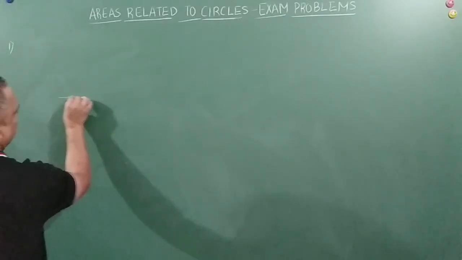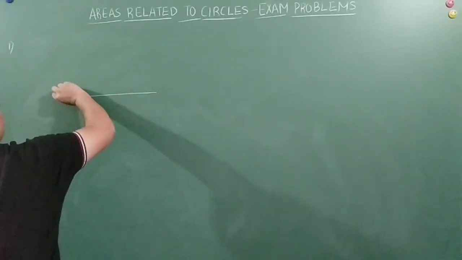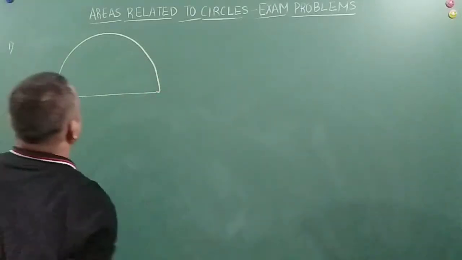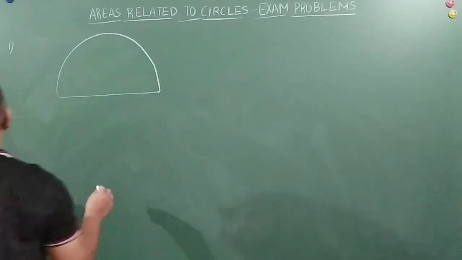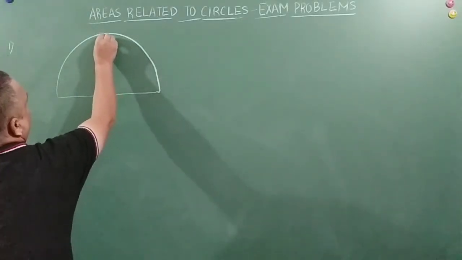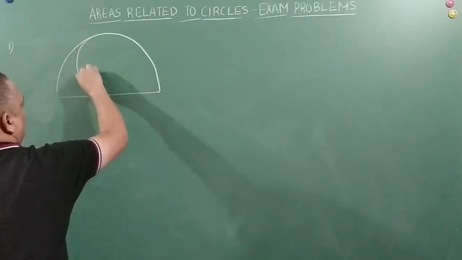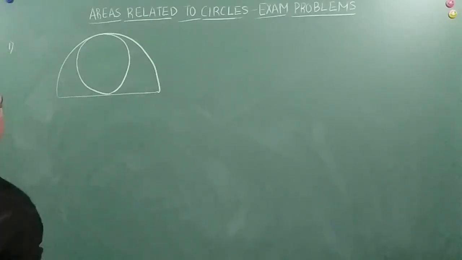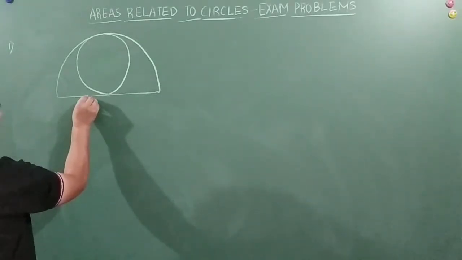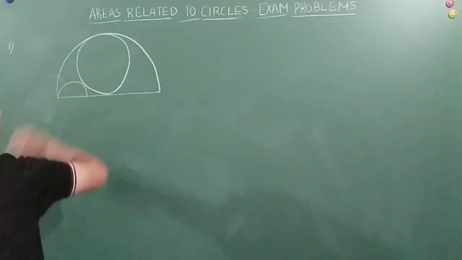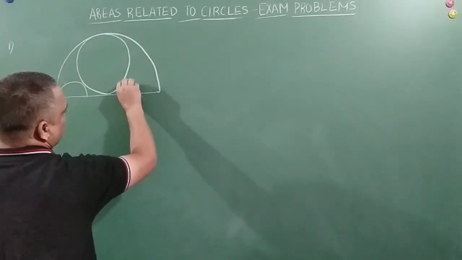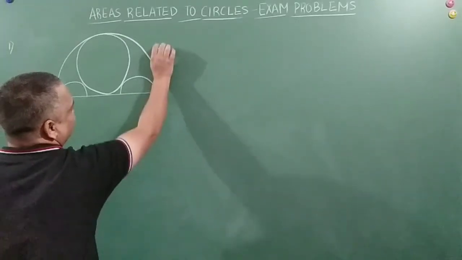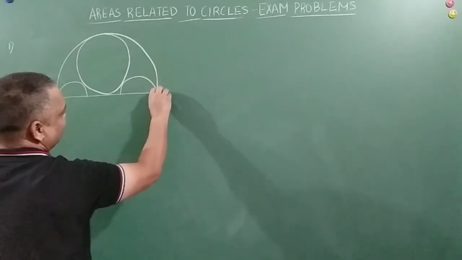So this is one semicircle. In this there is a circle drawn like this, and in this portion touching this there is a semicircle drawn, and in this portion touching this is another semicircle.